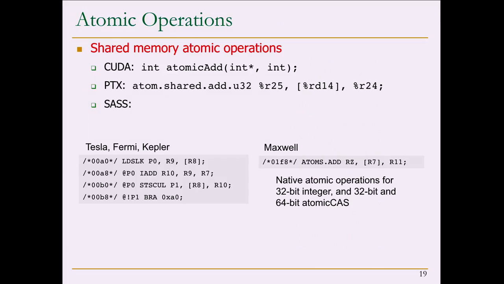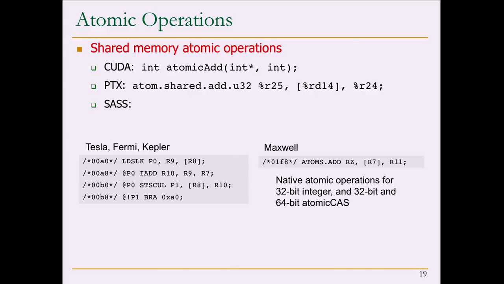And then we are going to start with the atomic operations. So you all are familiar with the concept, with why atomic operations are needed. So I'm not going to talk about that.